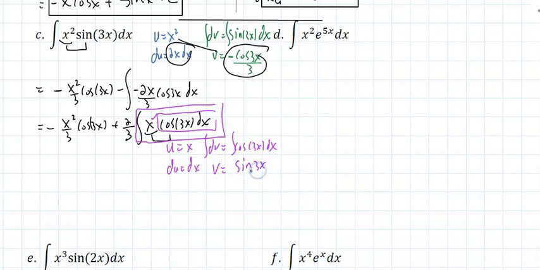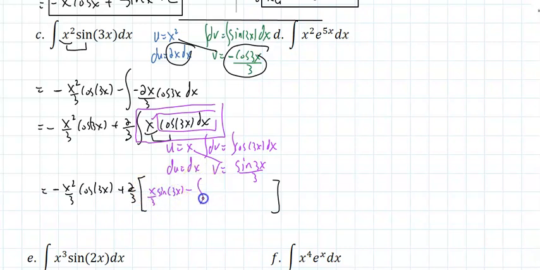The sine of 3x divided by 3. So far I have negative x squared over 3 the cosine of 3x. I don't touch that. The 2/3, I don't touch that. But whatever comes out of that integral is u times v minus the integral of v du.